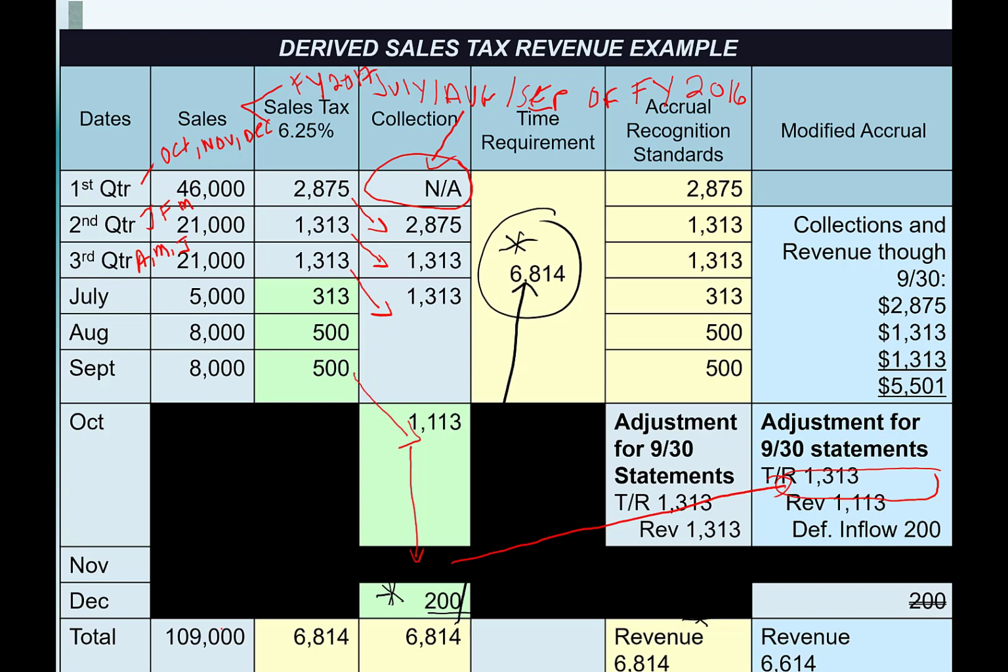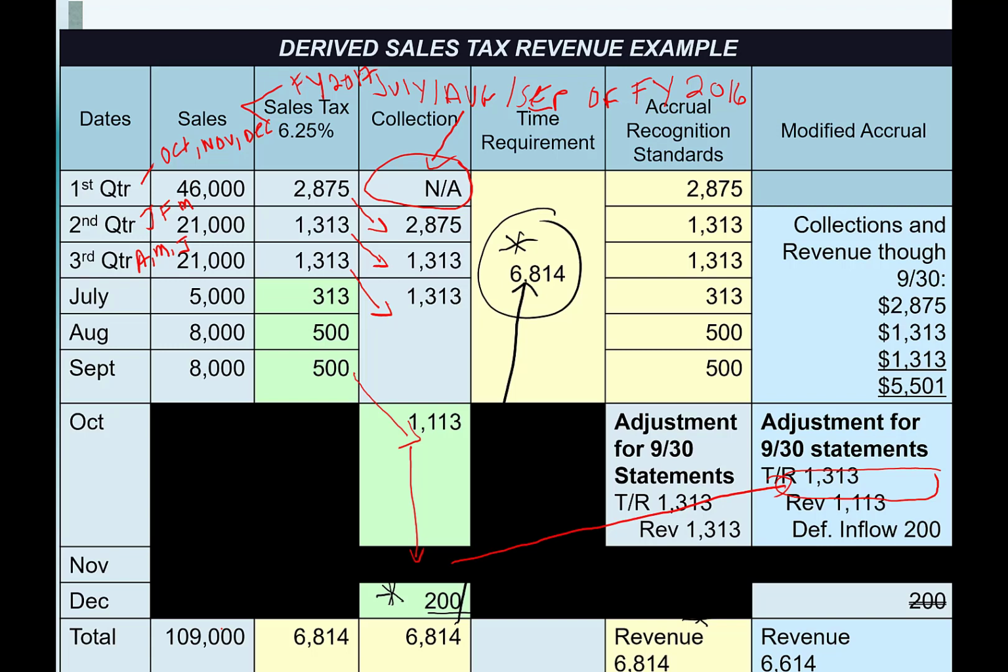We didn't get that until, what, December, I guess, in this example? Is December 60 days after the fiscal year? It's outside of 60 days, isn't it? So for that 200, we don't take that as revenue in 2016 because we hadn't collected it yet within the 60 days, right?